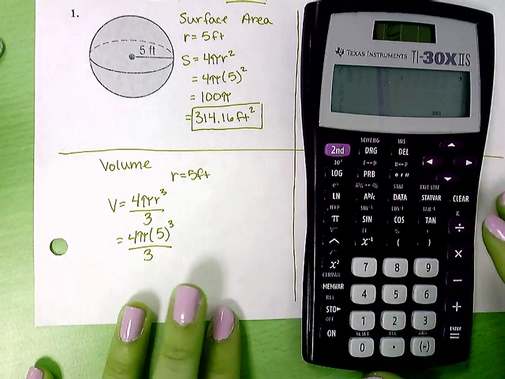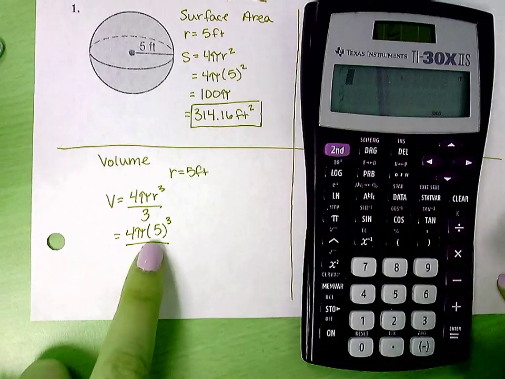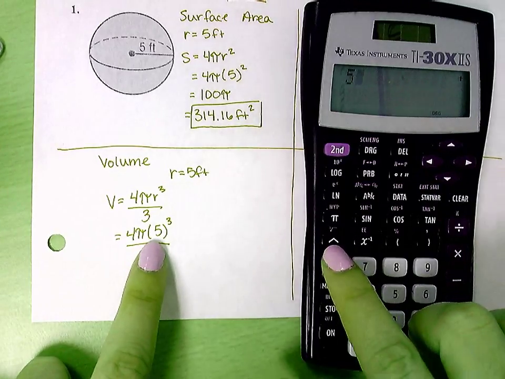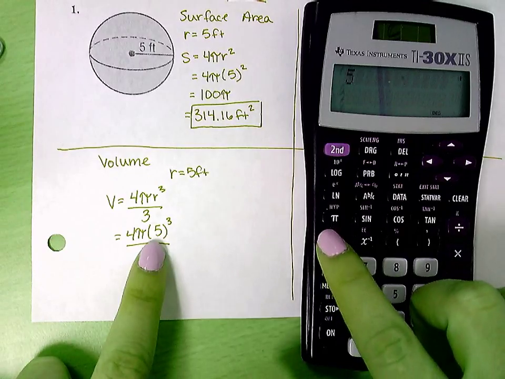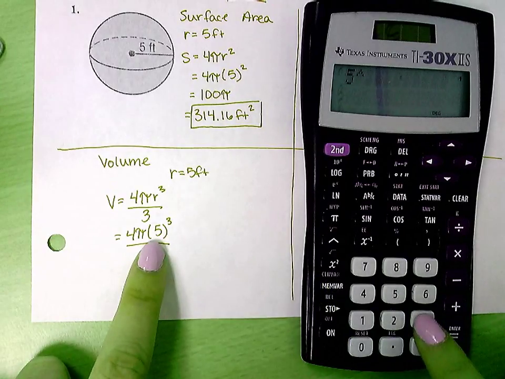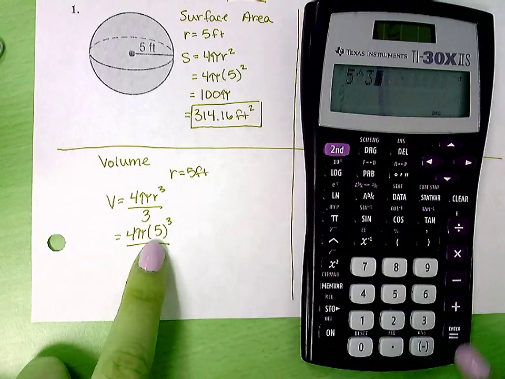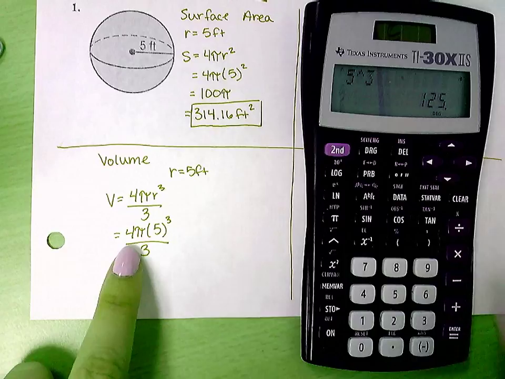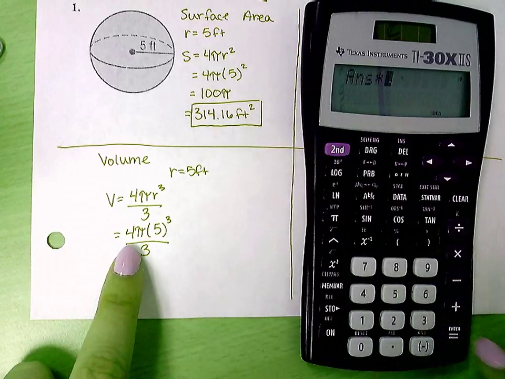So if you don't know how to cube something on the calculator, so we have 5. You're going to press this caret key or this arrow, and then 3. So you're raising it to the 3rd power. You can press enter, and then multiply by 4.